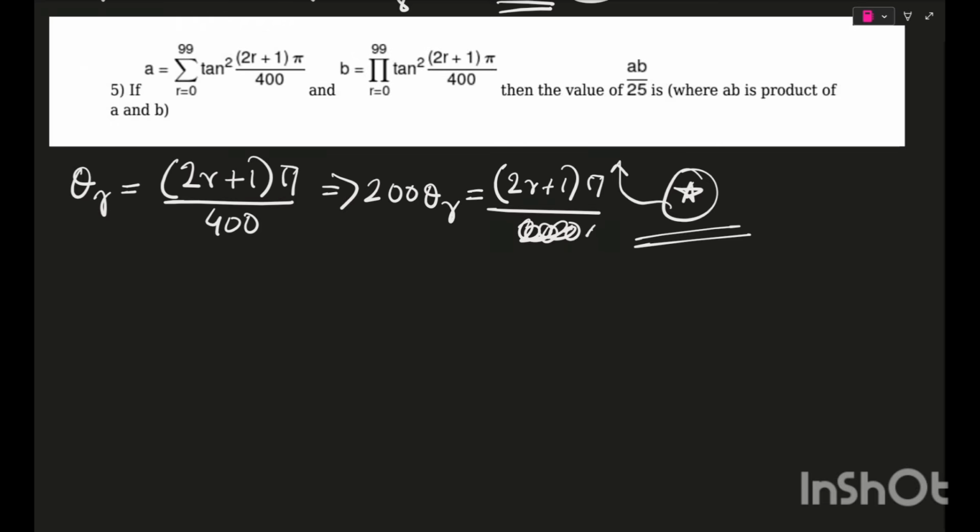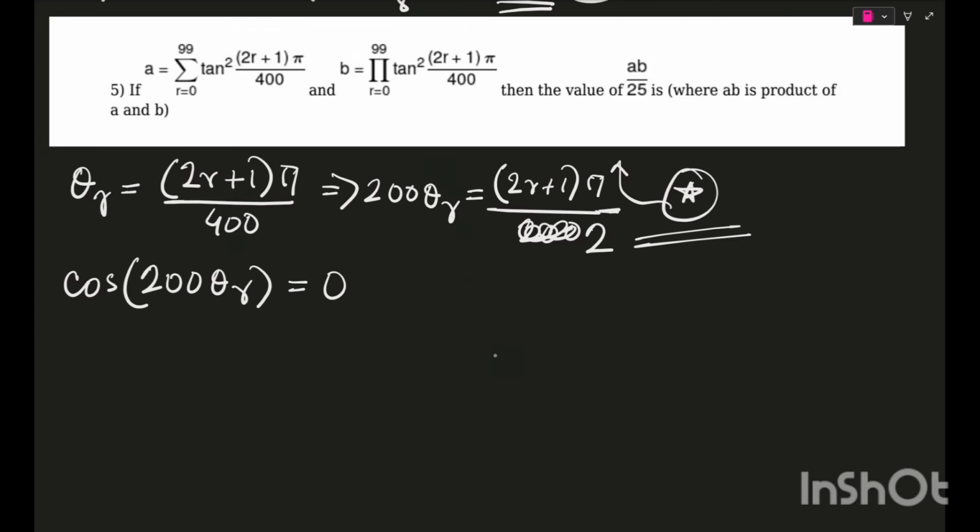This is 2. How could I make such a stupid mistake? Anyways, 200 theta r is 2r plus 1 times pi by 2. And from there we can say one thing, that cos of 200 theta r will be obviously 0. Any odd multiple of pi by 2 when input into cosine is 0. There is no doubt to that.